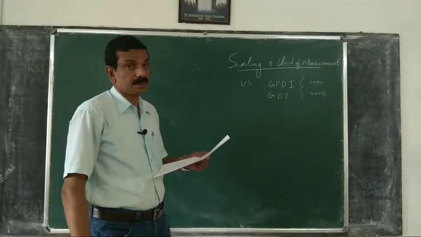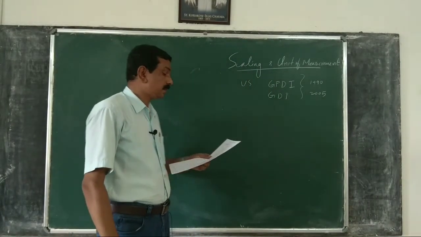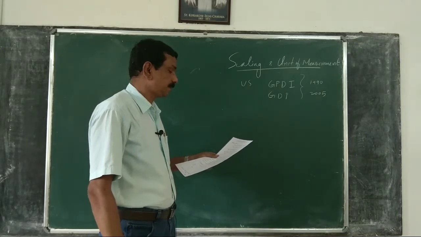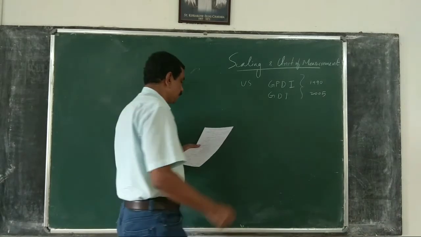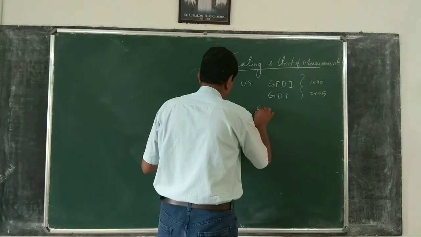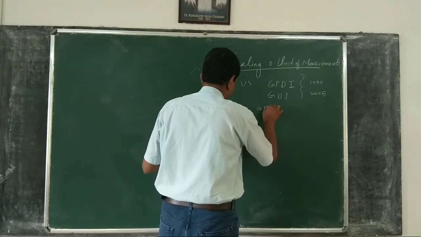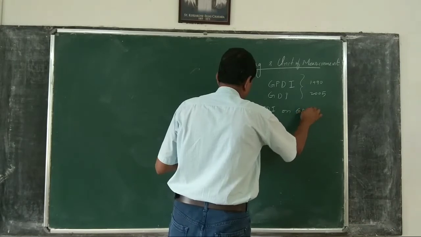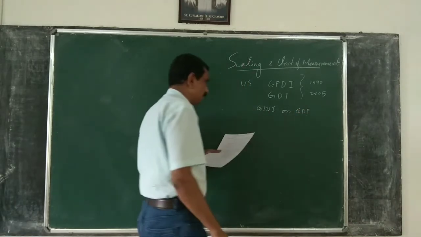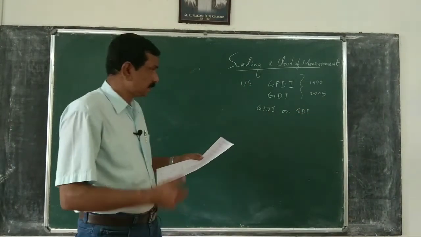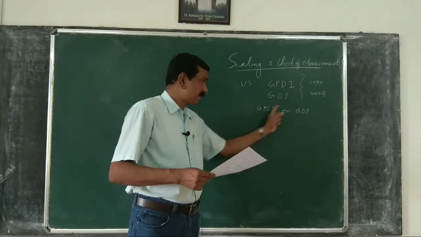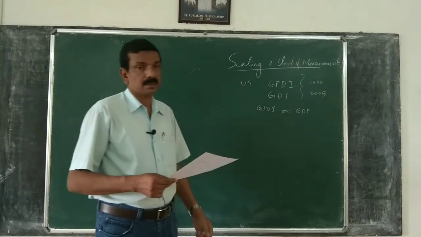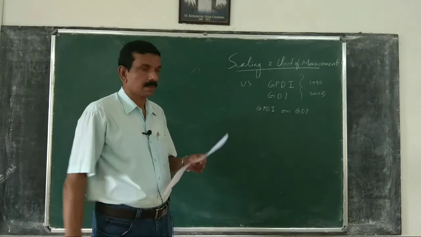US gross domestic product and US gross private domestic investment. And suppose that we regress gross private domestic investment on GDP to see how private domestic investment responds to gross domestic product.